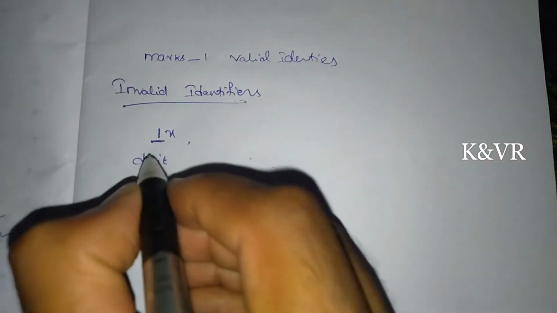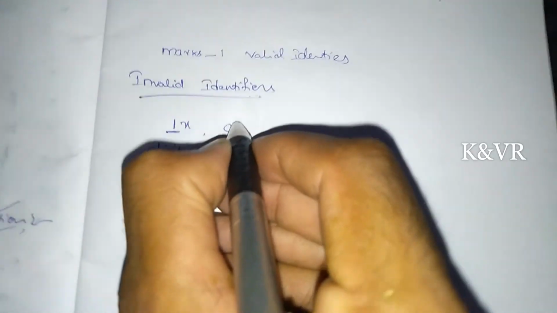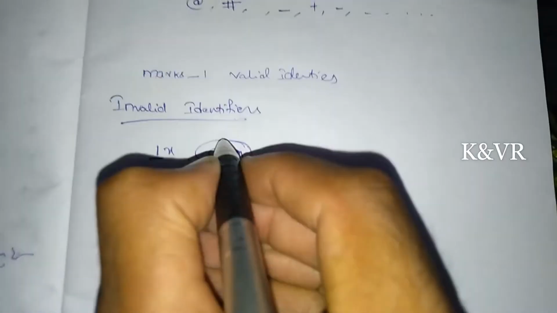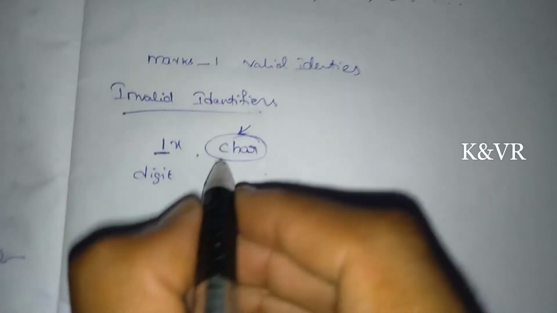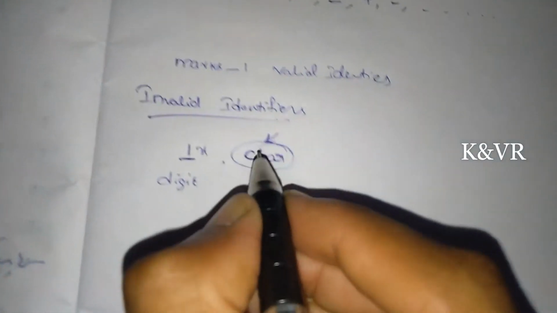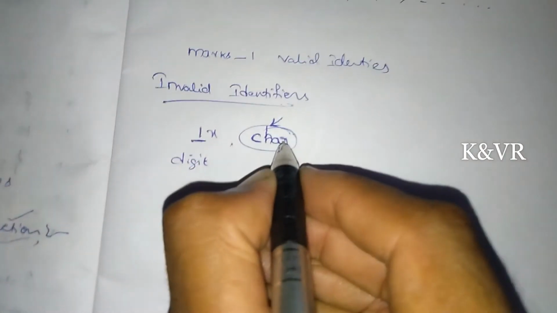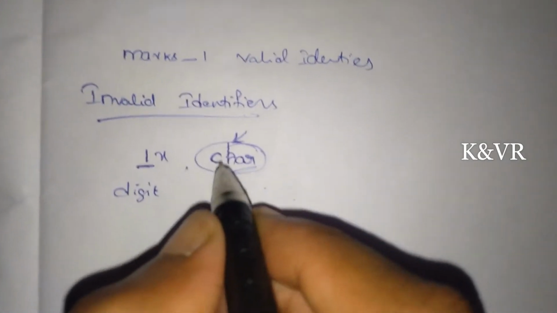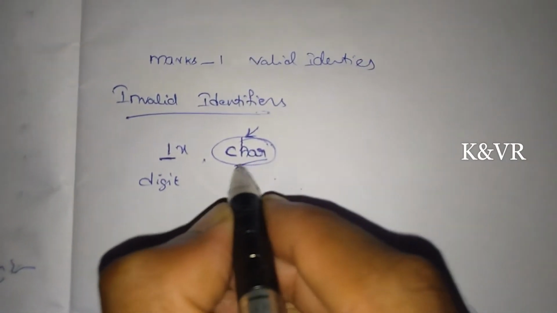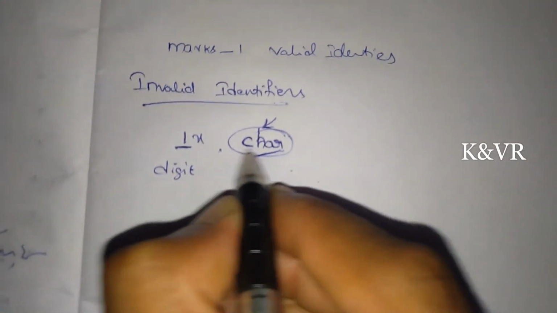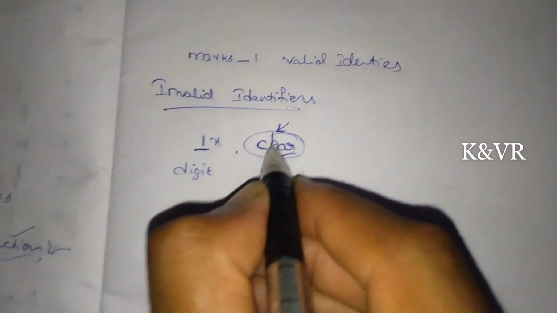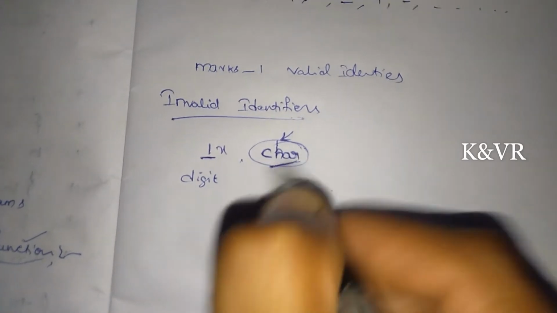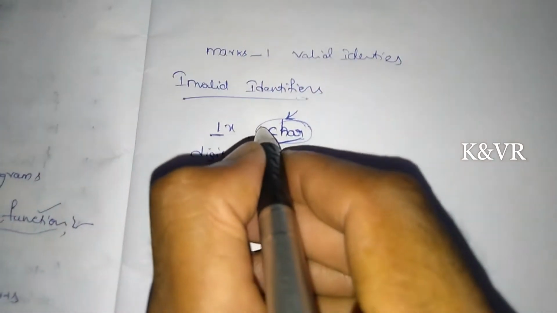And the next one, char. You may have a doubt. It has a length less than 31 characters, it has all lowercase letters, it has no special symbols in between, and it has no digit at the start.